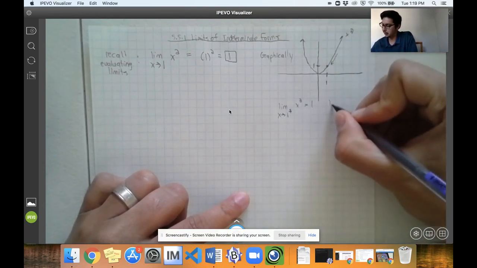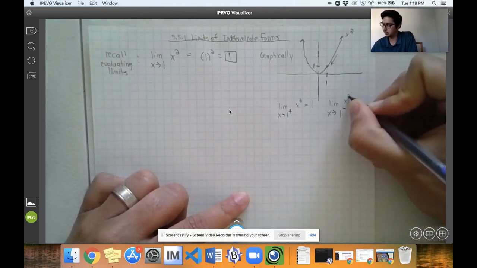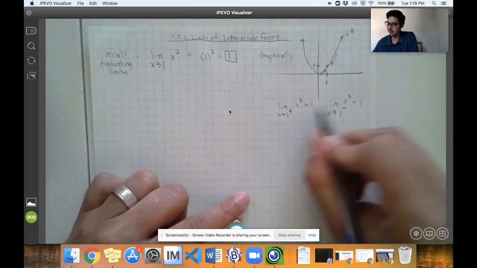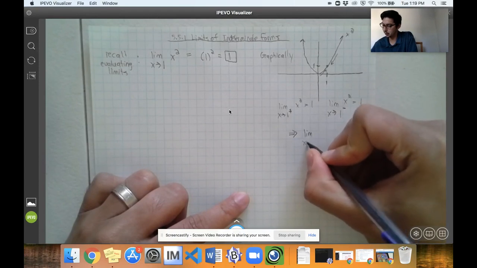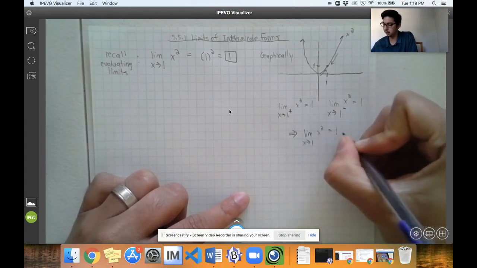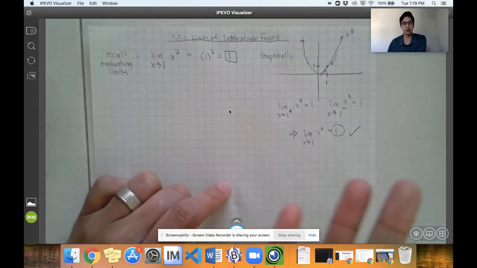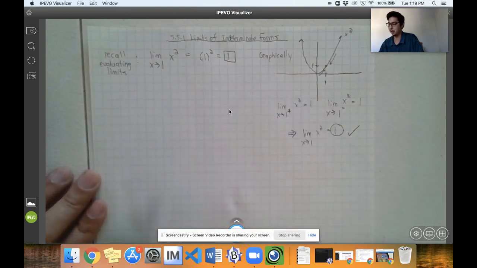We would say that the limit as x approaches 1 from the left of x squared is also approaching 1. And since these are the same, that implies that the limit as x approaches 1 is equal to 1, which, of course, is the same thing we got by just plugging it in. But that is a graphical approach. So that was evaluating limits, both algebraically and with a graph.